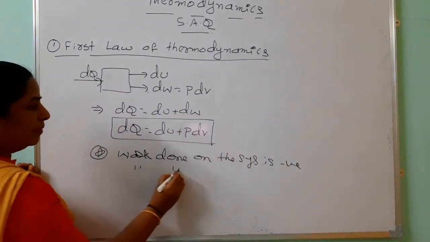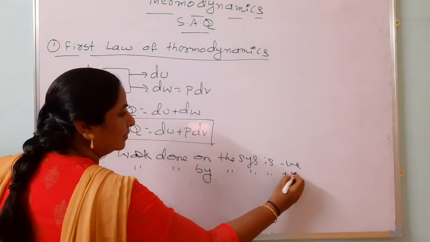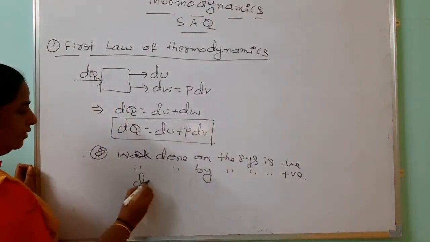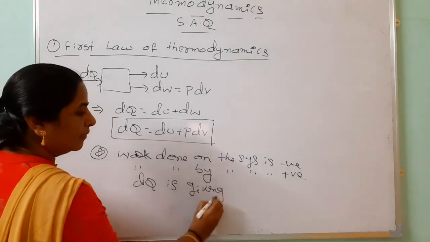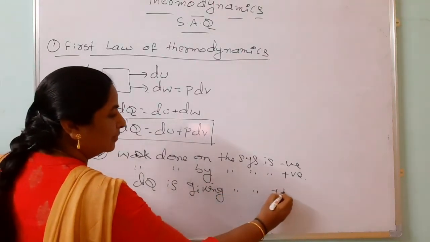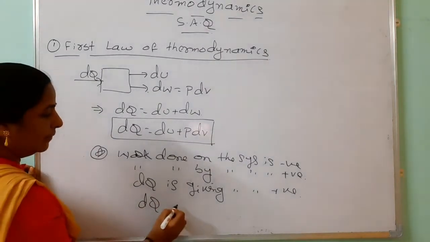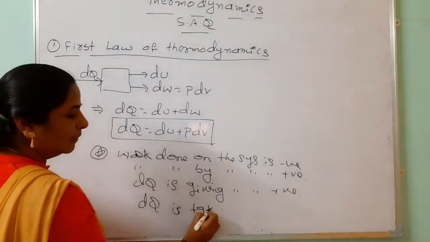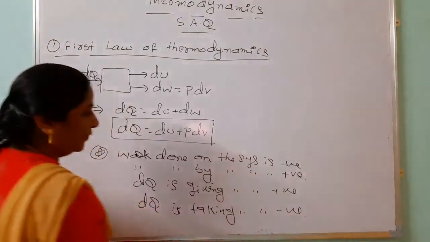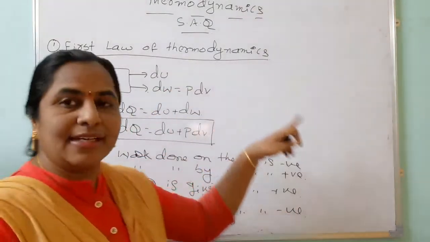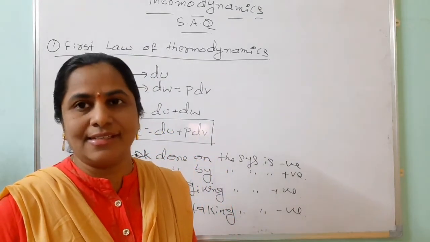Like that, work done by the system is positive. dq given to the system is positive. dq taken from the system, that is heat energy taken from the system, is negative. If the internal energy increases, that is positive. If internal energy is decreasing, that is negative.